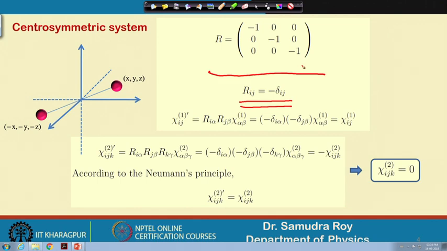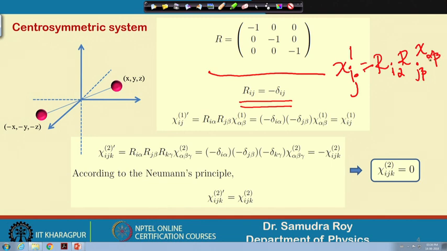We know the general transformation rule: if I want to find out, say, chi i j prime, that is the tensor element in the primed frame, it should be related to R like R i alpha, R j beta, chi alpha beta.